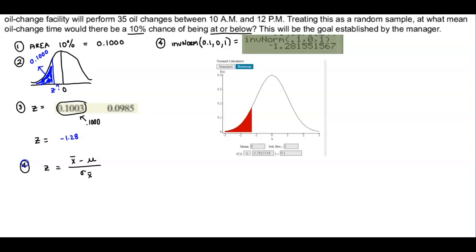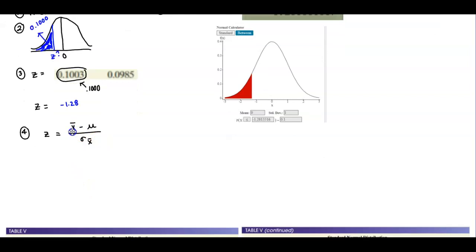We need to solve for x bar. So x bar is going to equal the population mean, which is the mean of the sample mean, the same thing, plus the z-score times the standard deviation of the sample mean.